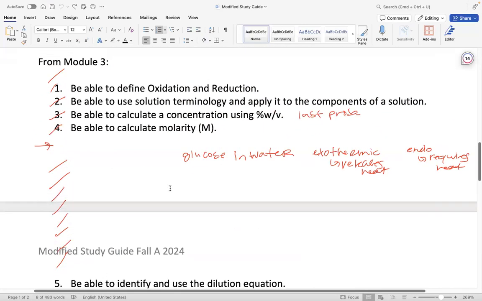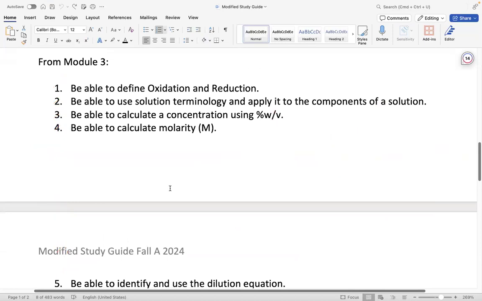All right, so for module 3. This was our last slide that I gave you in lecture 3 notes. So be able to find oxidation and reduction.